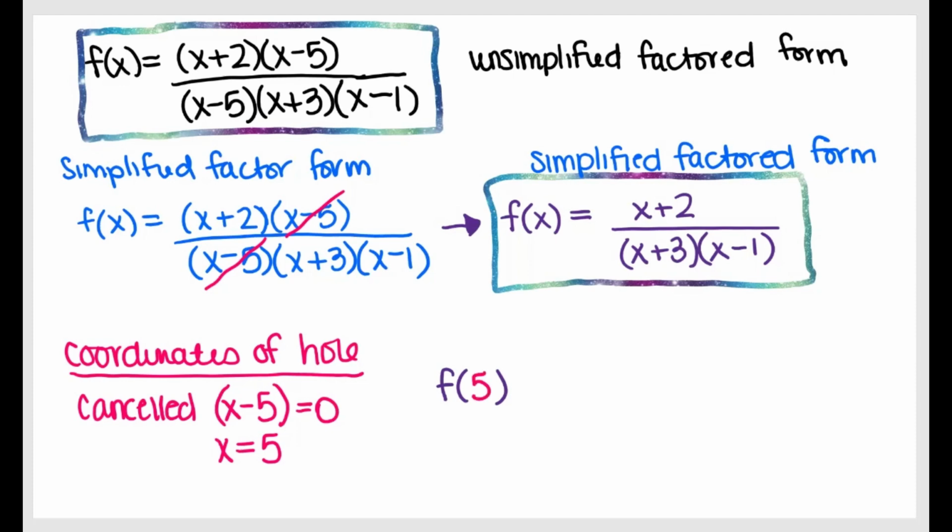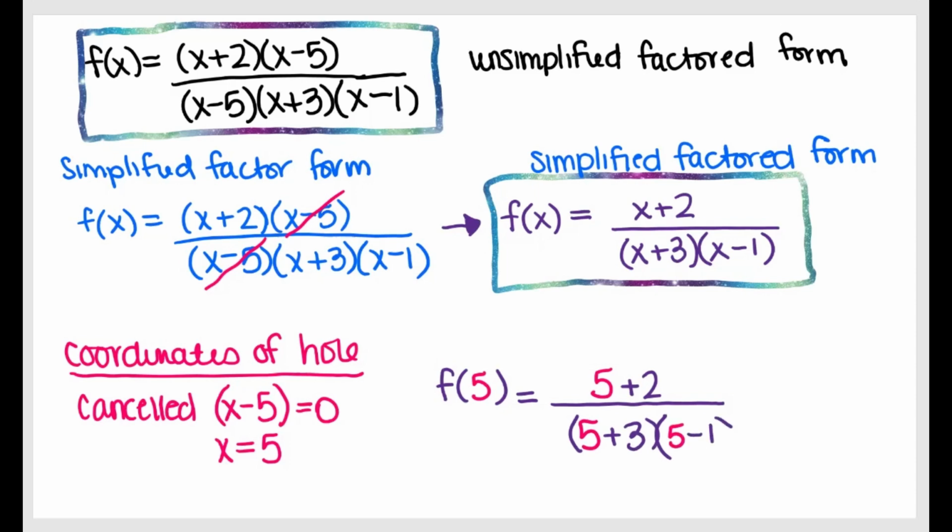You need to make sure that you are using the simplified form. I'm not going to use a simplified standard form because I don't want to have to multiply the denominator. I'm just going to use the simplified factored form. So I'm going to have 5 plus 2 up top instead of x plus 2, all over 5 plus 3, plugging in where we had the x plus 3, times 5 minus 1.